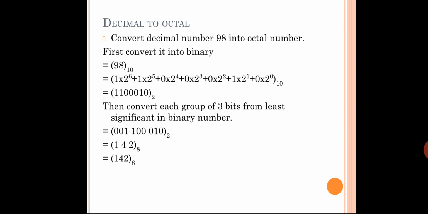Here also you have to start from the right side. The right side is nothing but the LSB, least significant bit. If you are considering any bit value from the right side, it is LSB. If you are considering from the left side, that is MSB, most significant bit. But in this case, you are starting from the right-hand side, that's why it is LSB, the least significant bit.